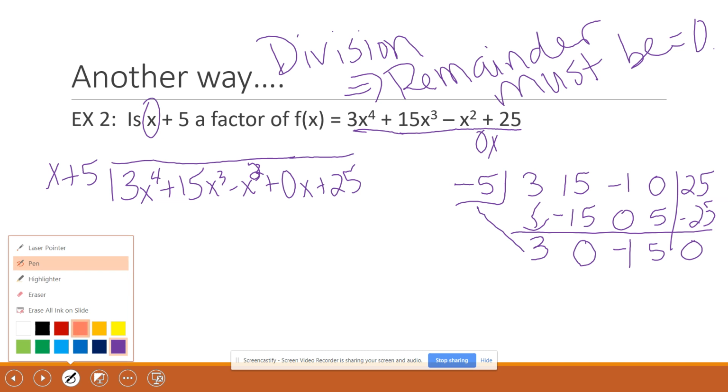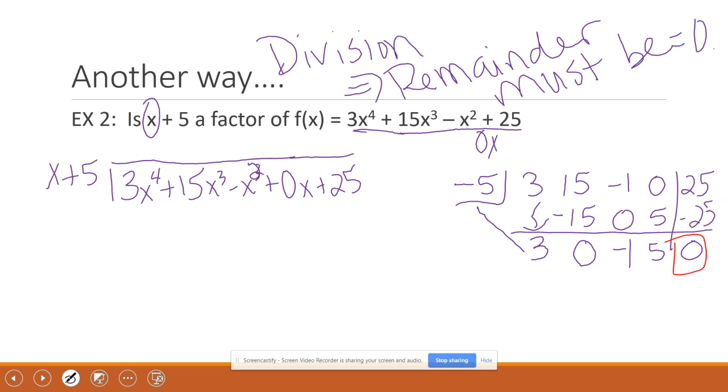So that's exactly what we were looking for. This is our 0 remainder. That means that x plus 5 is a factor. X plus 5 will help us solve the polynomial, and it is going to be a 0, root, solution, or an x-intercept.